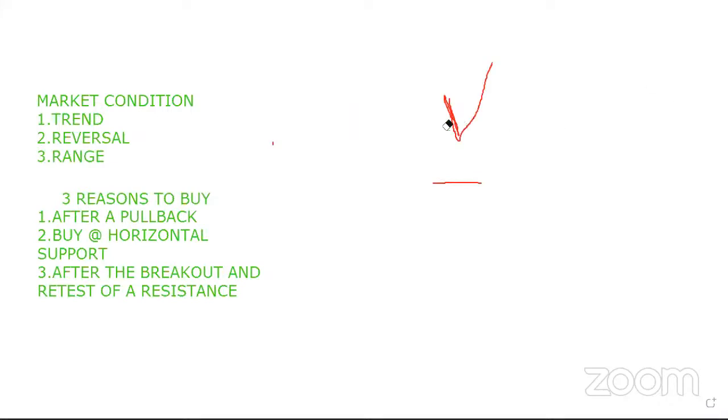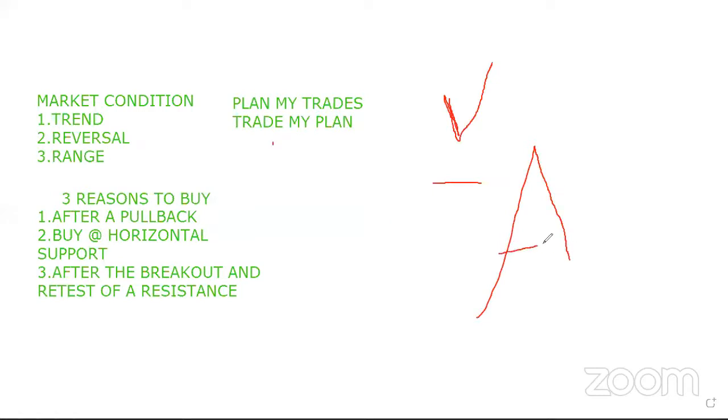So if price is going up in an uptrend, just like this, you can decide to enter your buy at the end of this pullback. For me, I always wait for the pullback to get to 50% of the previous move.